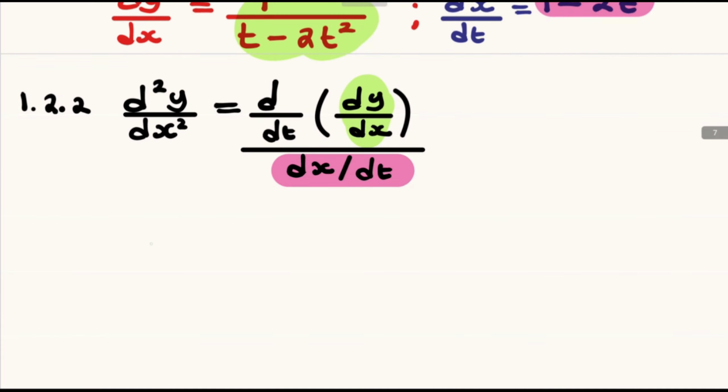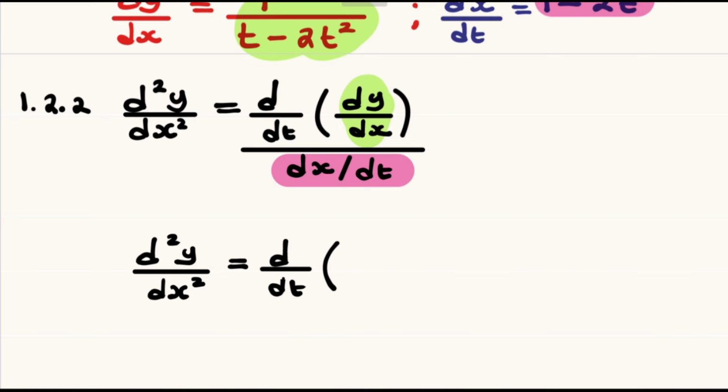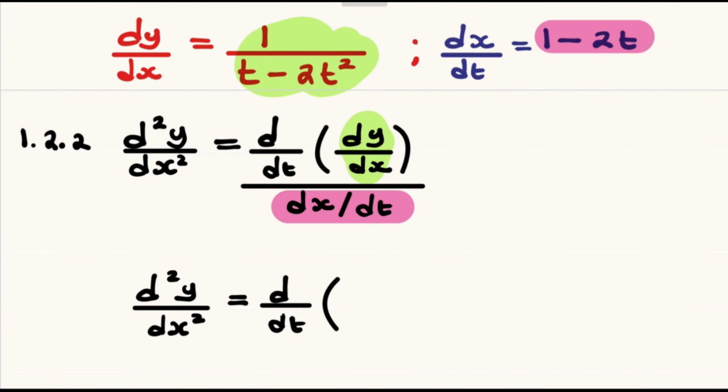So now let's substitute. So the second derivative of y with respect to x will be equal to the derivative with respect to t of dy divided by dx. Dy divided by dx was the 1 divided by t minus 2t squared.